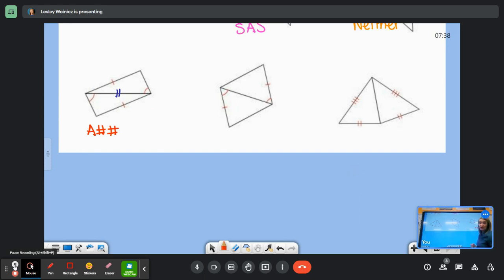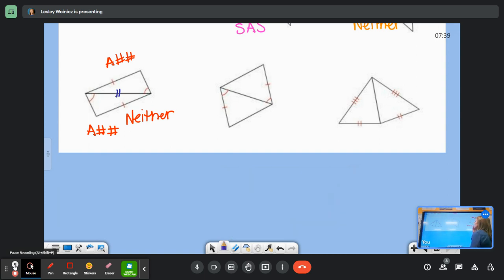Beep, beep. Okay, I cannot say that these are congruent because I don't have an included angle. That angle is out, not in between those sides. Okay, same thing up here. I have my angle, and then I have a side and another side. Angle, beep, beep. Okay, this one is neither. Okay, we don't have a congruence postulate for bad words.